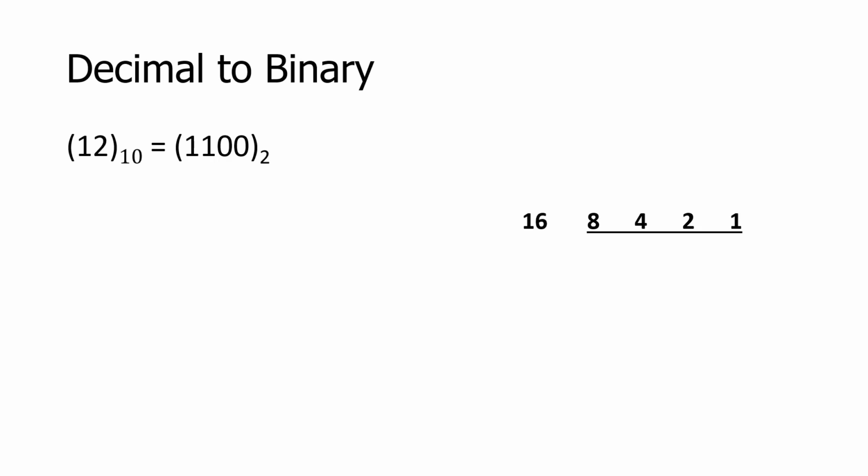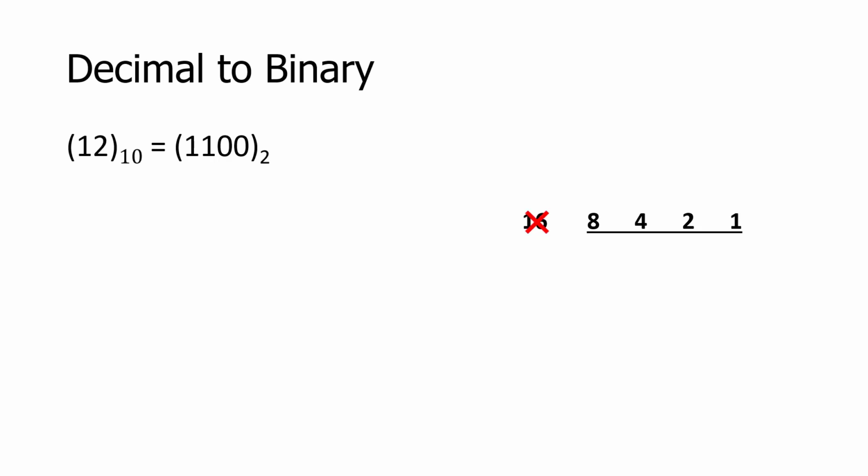As you can see, base 2, starting with 1. 1 plus 1 is 2, 2 plus 2 is 4, 4 plus 4 is 8, and 8 plus 8 is 16. I'll be explaining shortly how this system comes up. Now, I want to get 12, so I don't need this 16 anymore.